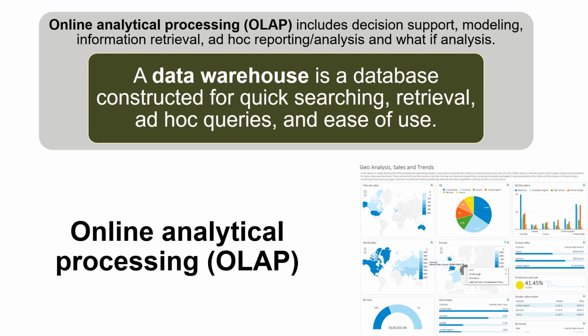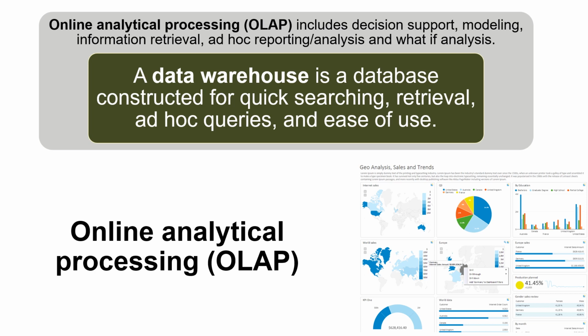And then the second side of the ERP system is online analytical processing, OLAP, which includes decision support, modeling, information retrieval, ad hoc reporting and analysis, and what-if analysis. In other words, OLAP is mainly for analyzing the database and also for generating reports and supporting decisions.